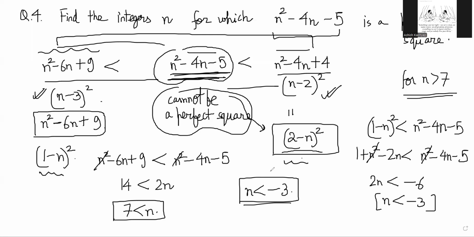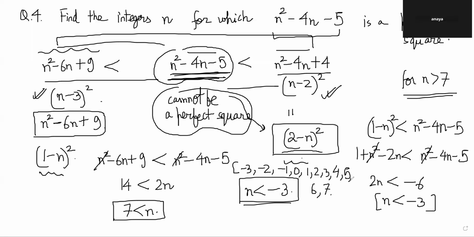But now it's a small set of numbers to check: minus 3, minus 2, minus 1, 0, 1, 2, 3, 4, 5, 6, 7. In these cases, it is possible that it could be a perfect square. Other cases, we are already sure that it cannot be, right? Are you understanding what I'm saying?